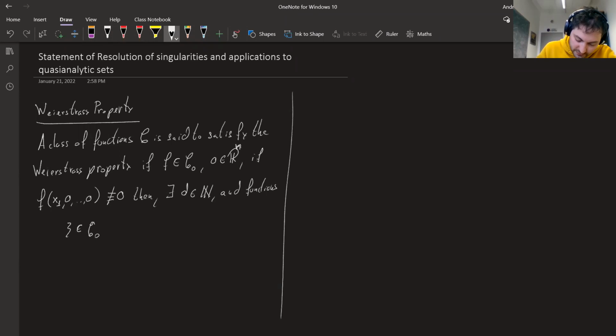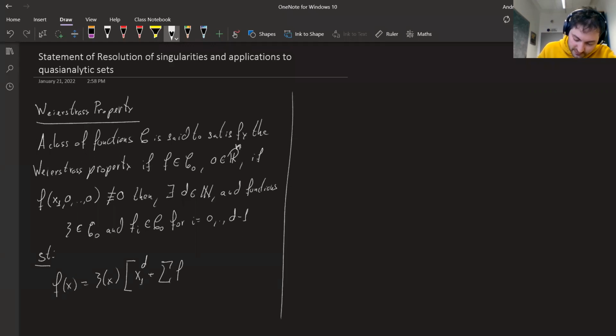And let's say f_i for i equals 0 up until d minus 1, such that the function f of x is given by c of x times a polynomial with coefficients given by f_i, x_1 to the power d plus the sum of f_i x_1 to the power i, i going from 0 to d minus 1.